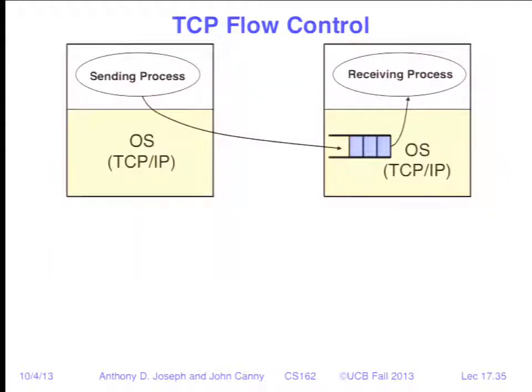So now, flow control. It's the same kind of producer-consumer relationship here. The sending process, through its local operating system, is filling a buffer in the operating system of the receiving host. That buffer is being drained by the receiving process.